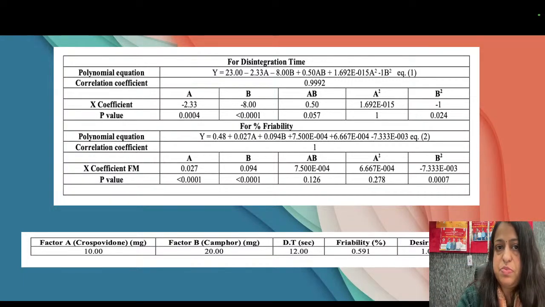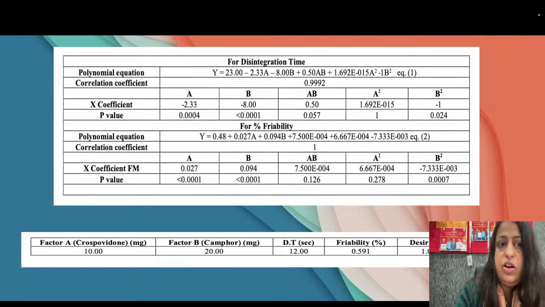Y is your response, and A is your one factor, B is the second factor, then AB. Look here, AB is there combined, when they are joined with each other, and again there is A square and B square, meaning 2 times the value of factor A and 2 times the value of factor B. According to that, both polynomial equations are here.